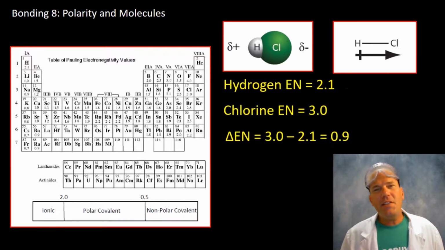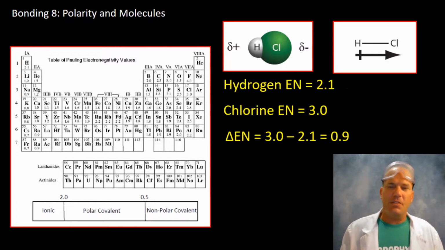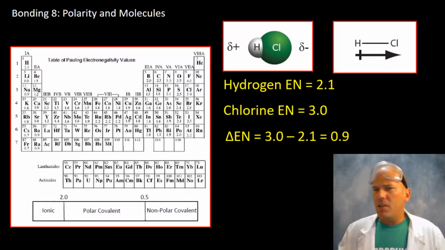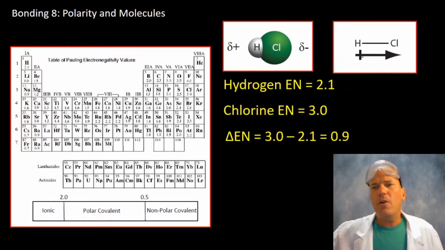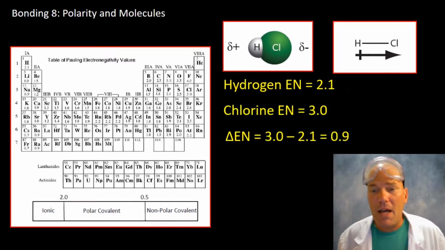If we have 10 Skittles, and I'm chlorine, then I get 7 Skittles and you only get 3 Skittles. Okay, so again, there's two ways. You can use the lowercase delta with a positive or a negative sign, and you can also use the arrow indicating and pointing toward the more electronegative area within the molecule.